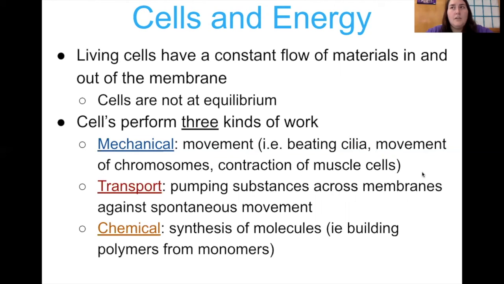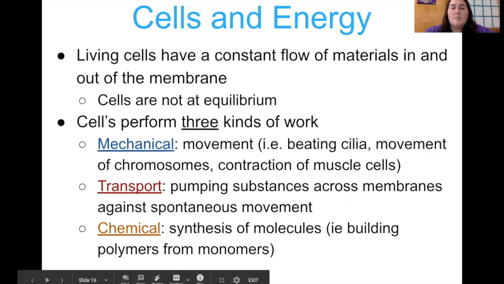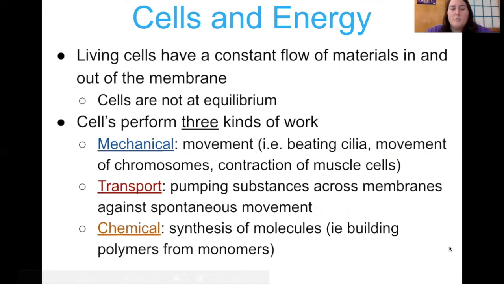Okay, that'll be, I believe, in this unit or the next. And then we're going to talk about the chemical ones right now, the synthesis of molecules. Remember, we talked about chemical being in that first unit when we built macromolecules using dehydration synthesis, and we broke down those molecules by hydrolysis.